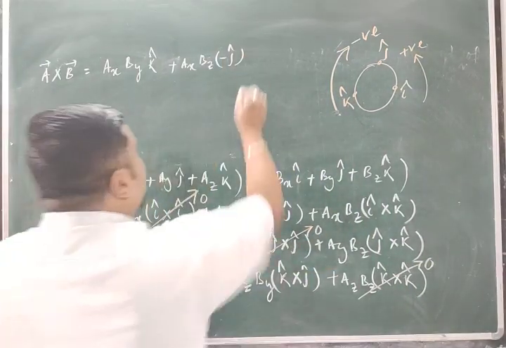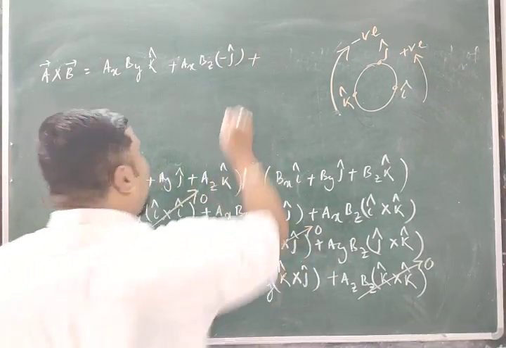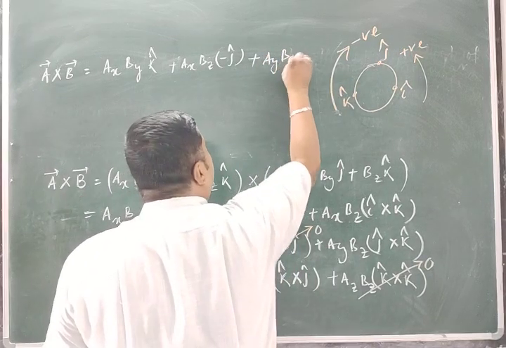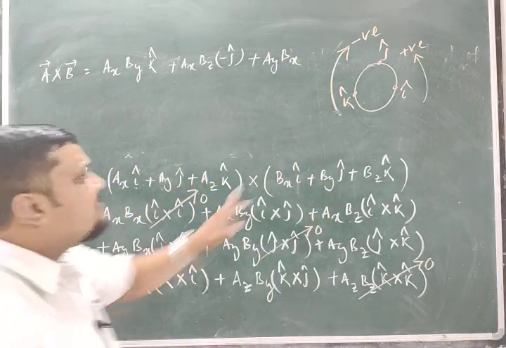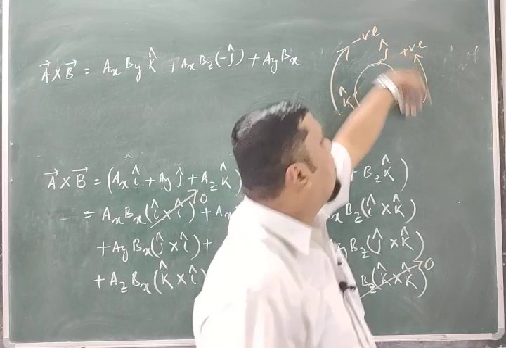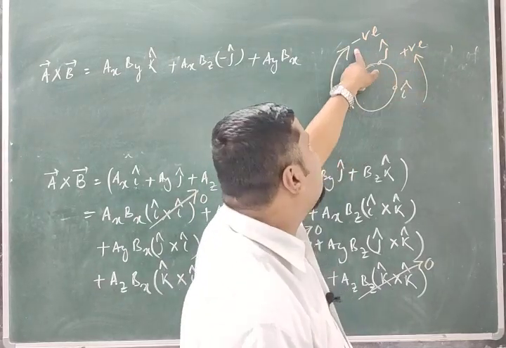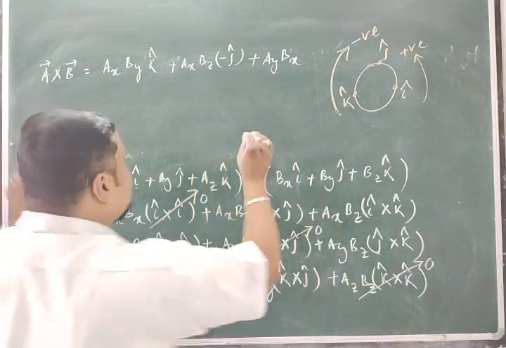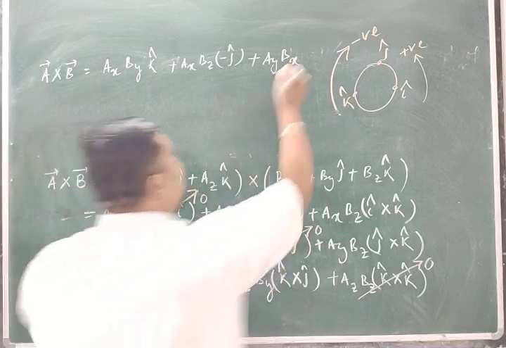Clear? Then plus ay bx, j cross i, clockwise. Clockwise means in this direction, negative. So j cross i means minus k cap.